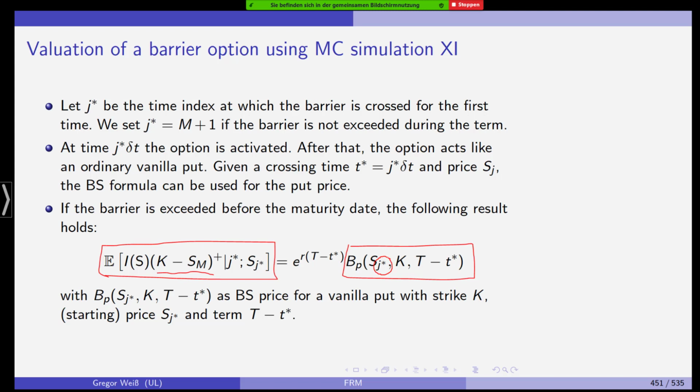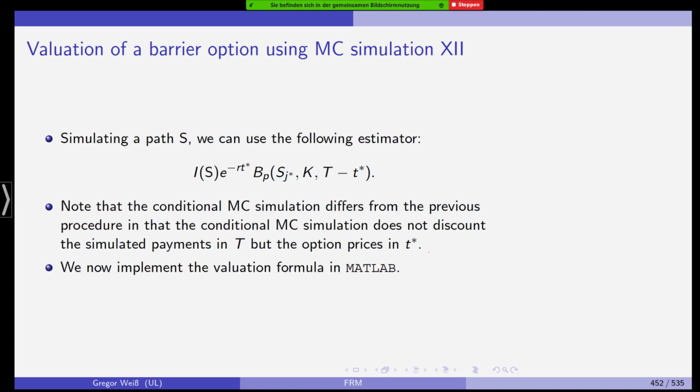This can be capital T. If it has never been knocked in, then simply we get 0. But otherwise, if it's, for example, knocked in on the very first day, it's simply a regular put. So that's why we are cheating a little bit here, because we can simulate for the down-and-in put. And if it has been knocked in, we do know from that point on we can resort to the Black-Scholes model. So that's what we're doing.